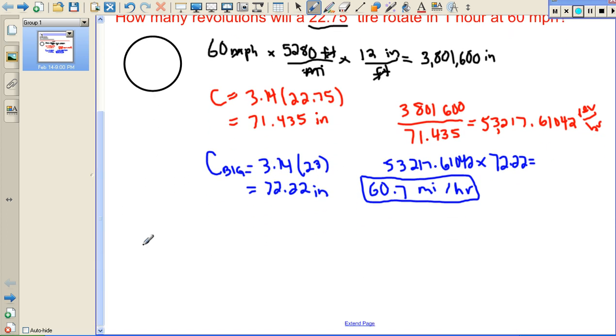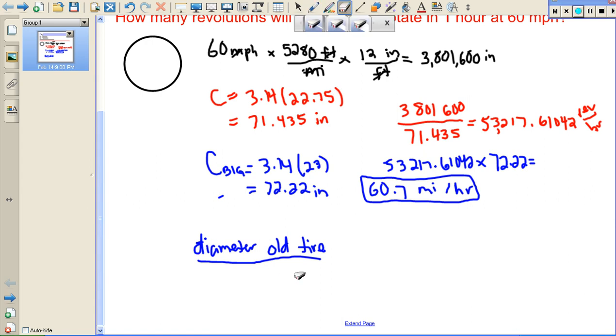All you have to do is, you don't even have to calculate the circumference really. You have to take the diameter of the old tire divided by the diameter of the new tire. Oh, I think I got that backwards.